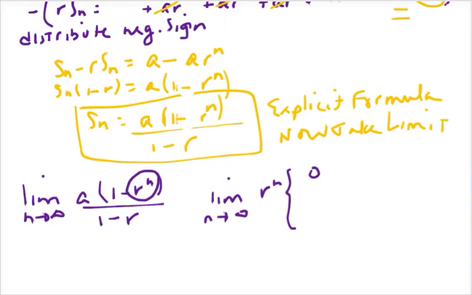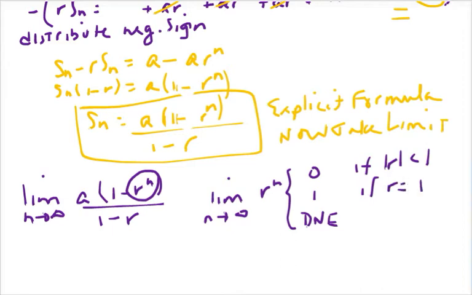Okay, and you remember from when we looked at the geometric sequence that you had basically 3 scenarios. If the absolute value of R was less than 1, then the limit converged to 0.